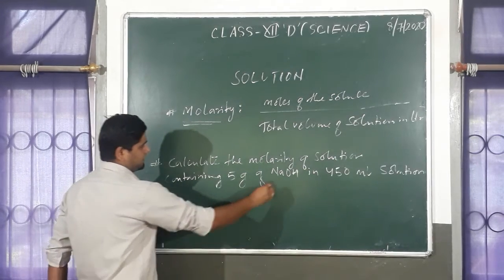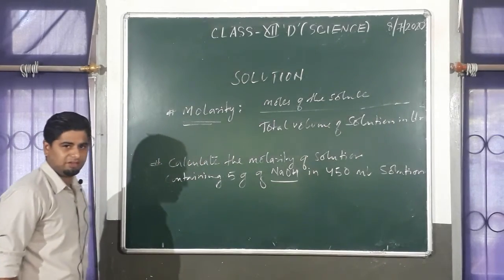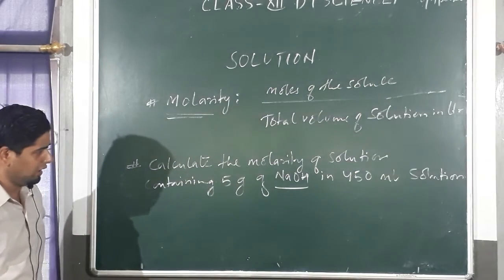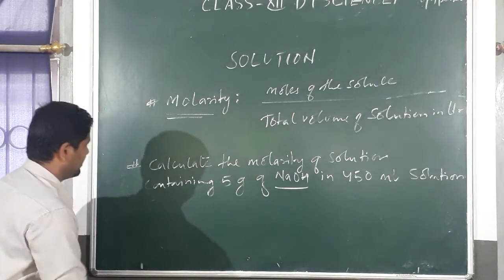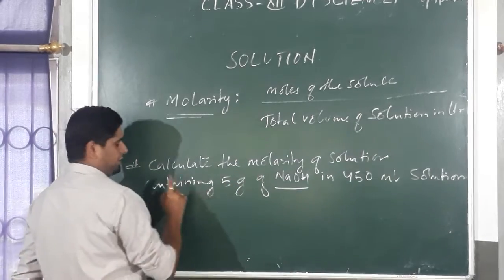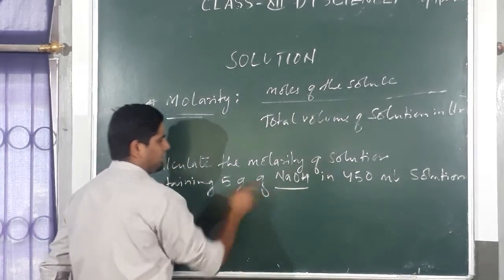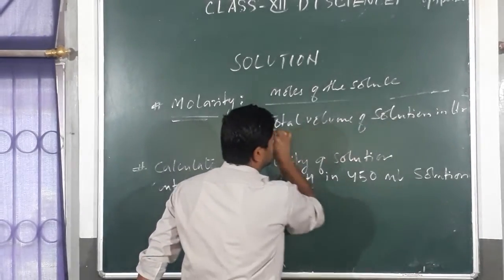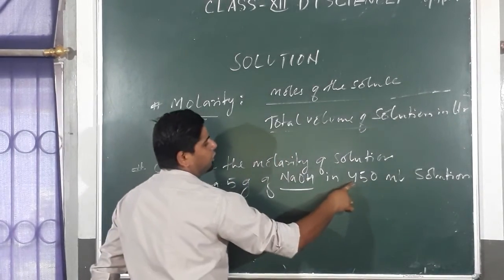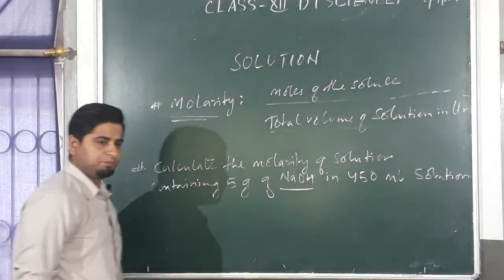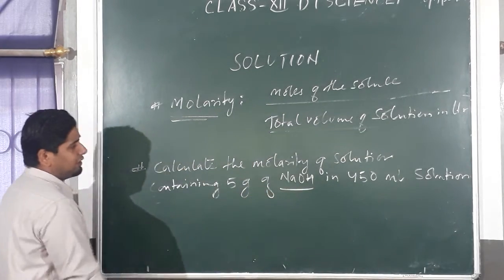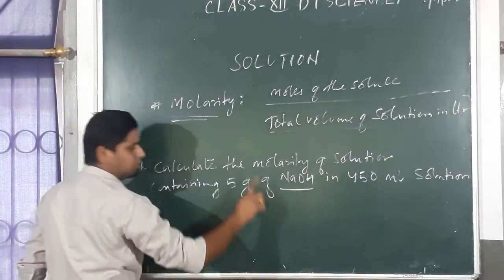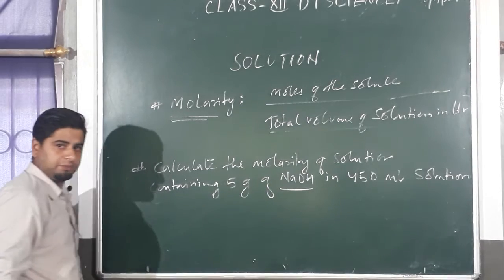The solute is NaOH. A solvent is not mentioned, so no need to check for the solvent. The weight of NaOH is given and the total volume is given. The total volume should be in liter, but it is given in 450 milliliter. In the formula we need the moles of the solute, that is moles of NaOH.